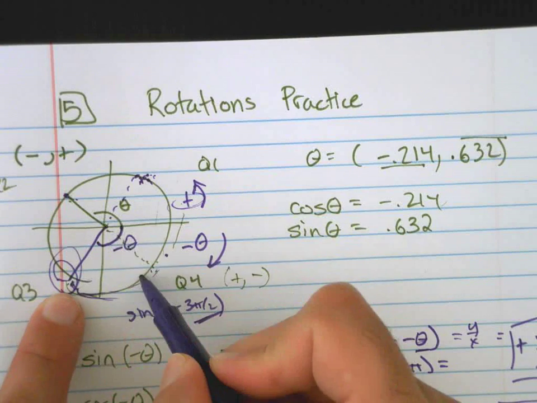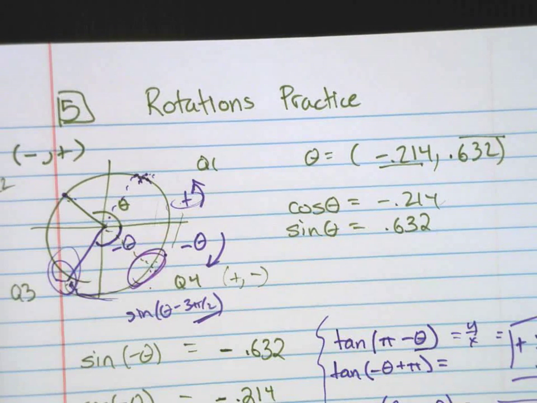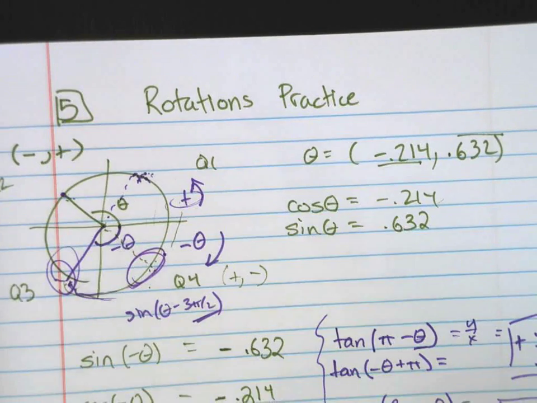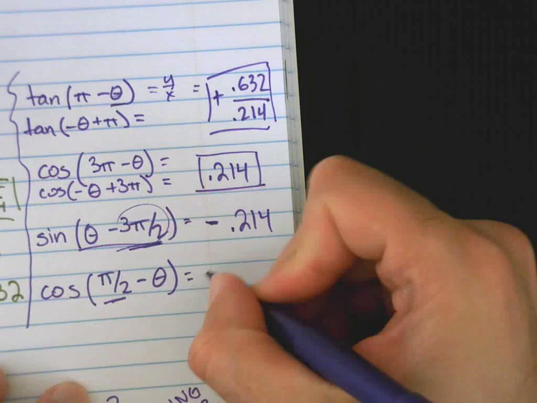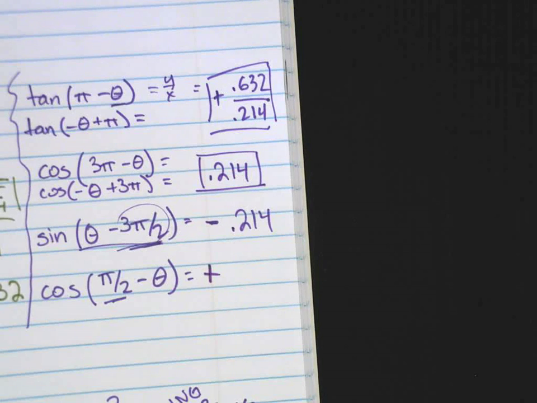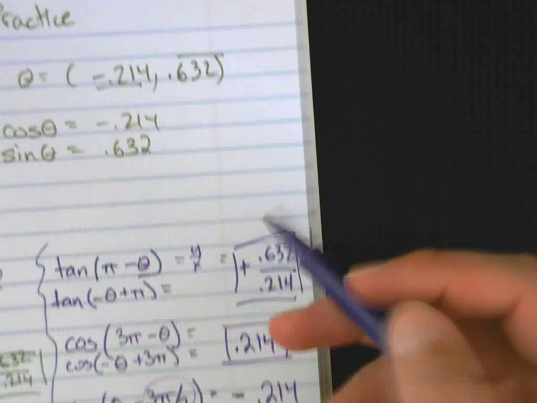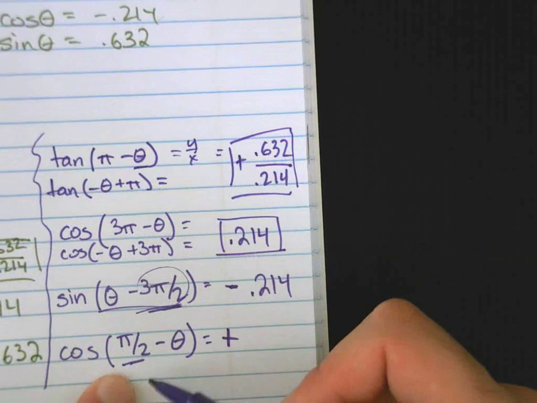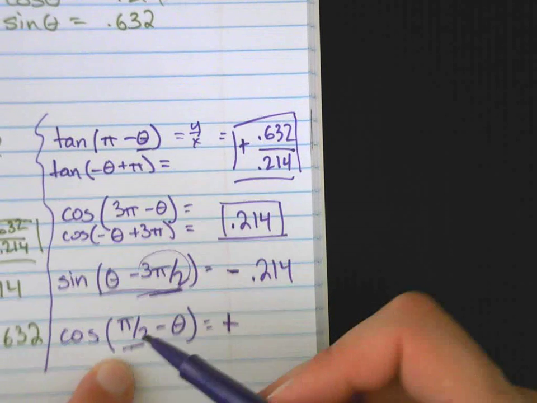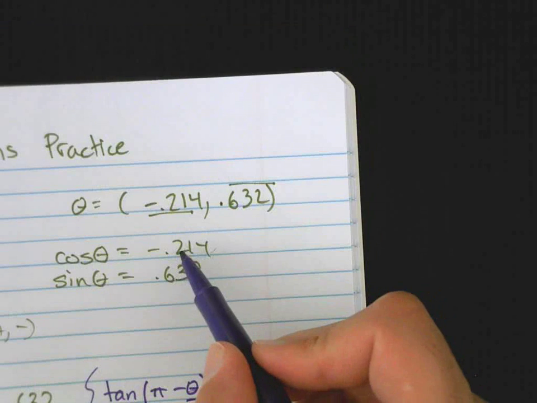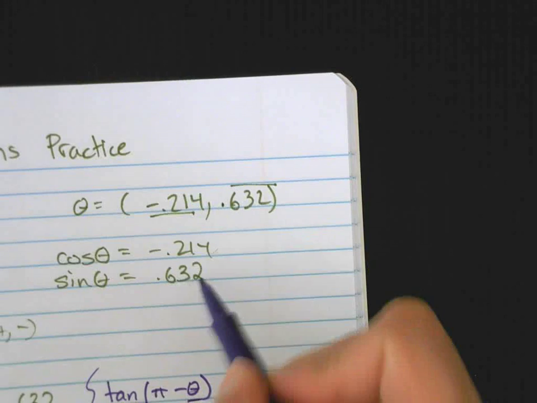That's right. It's positive. So I'm going to go back over here and write plus. And then because it's pi over 2, I'm not choosing the cosine value. I'm choosing the sine value because they switch places.